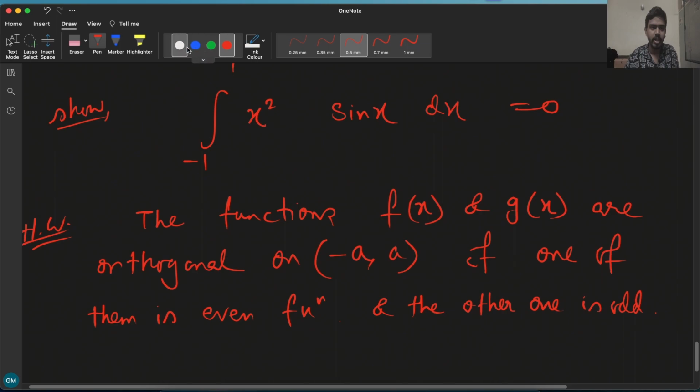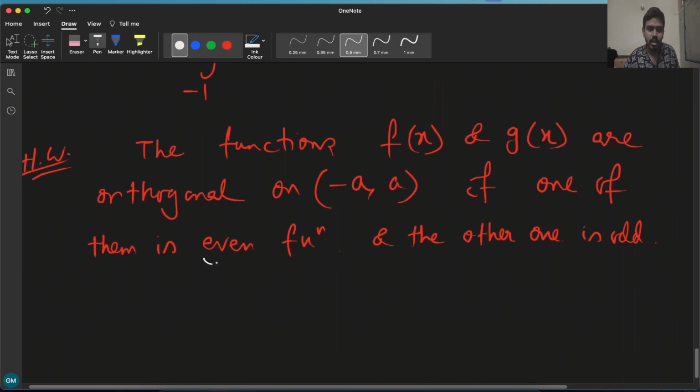By even function, what I mean is, for example, let's assume f(x) is the even function, you can take g(x) also, no problem.